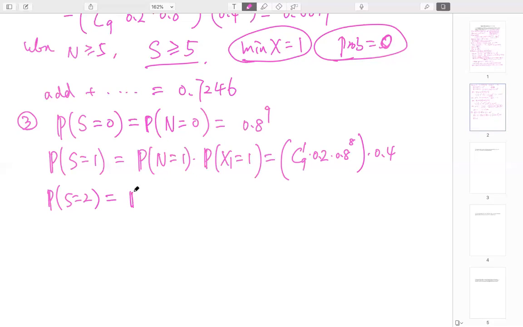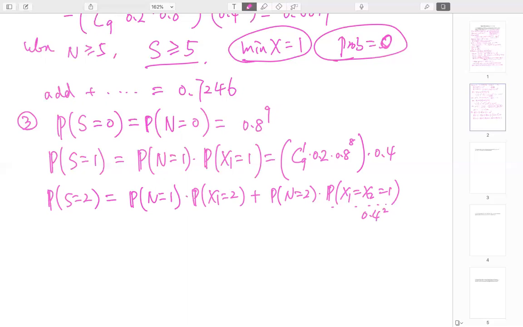So then I have 2 cases. When there is 1 claim and the claim size is 2, or when I have 2 claims and each claim has size 1, right? So you can easily get the result. For example, C is 0.4 squared. There is 0.4, right? This comes from the binomial.